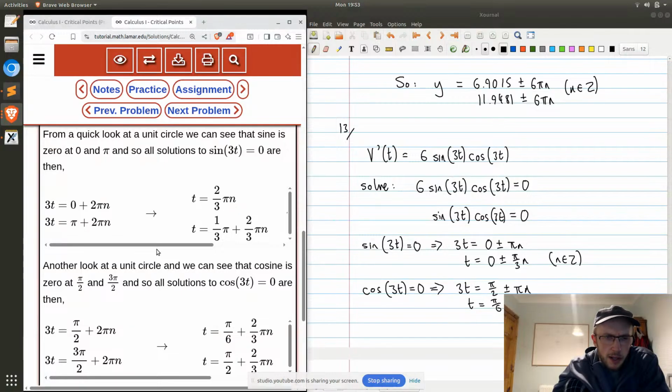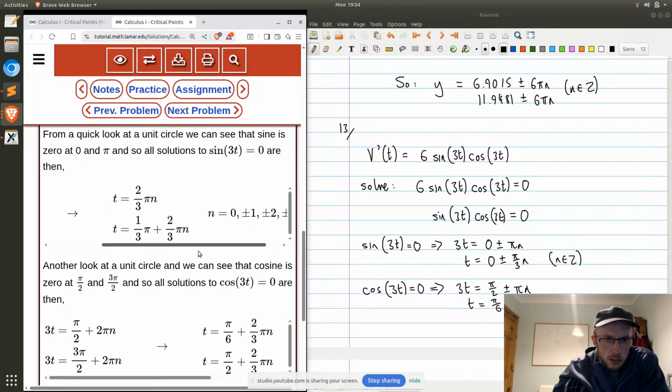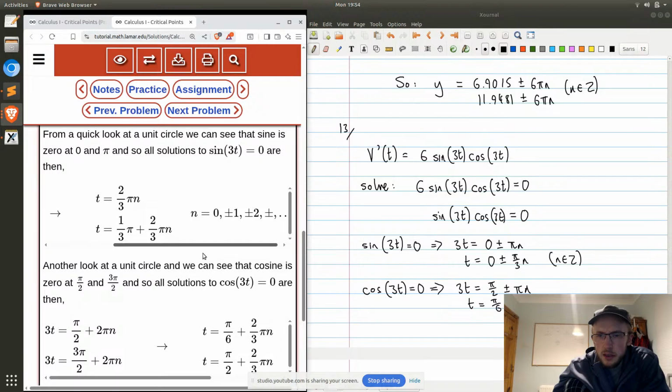But it's not 2 pi n. Well, for the sine one, but you don't split it up into two families. You don't need to. Do you? But you don't need to, though, do you? Yeah, a third.